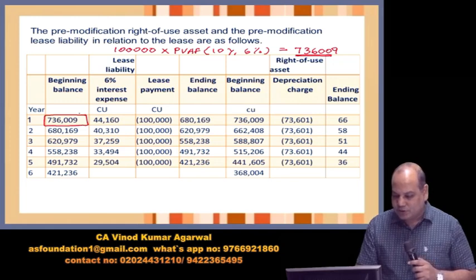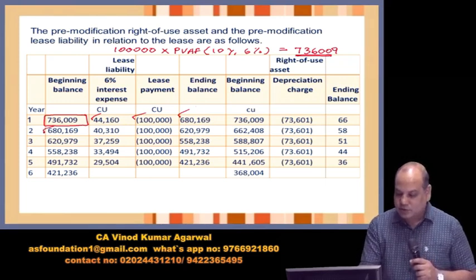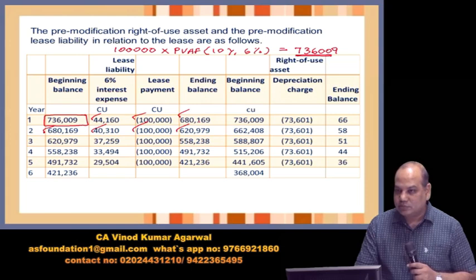Calculate 6% interest. Is it 44160? Lease payment is 1 lakh minus 1 lakh. So what is the closing balance? 680, 169. Next year, 680, 169, 6%. Is it 40310? 1 lakh payment, check the balance. 620, 979.